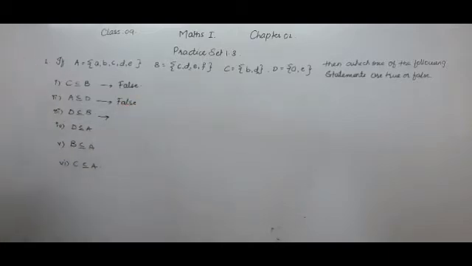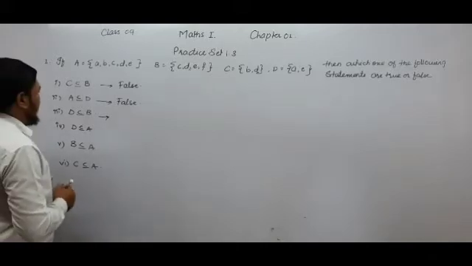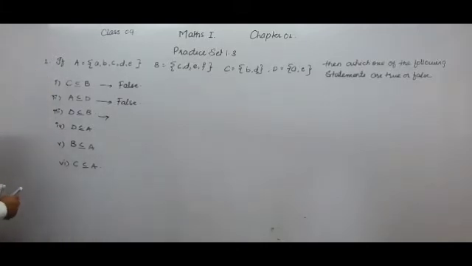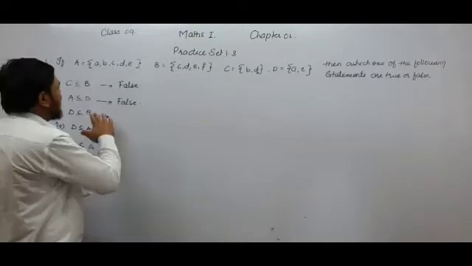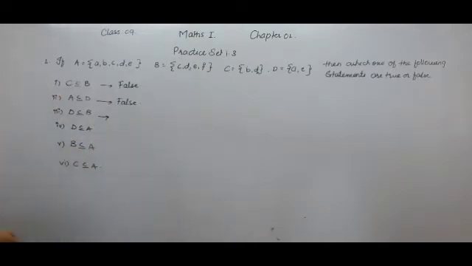If you want to give the reason, you can say that D does not contain all the elements of set A, but A contains all the elements of set D. That is why D is the subset of A, but A is not the subset of D.